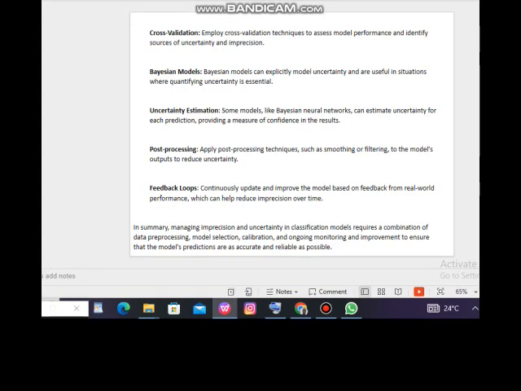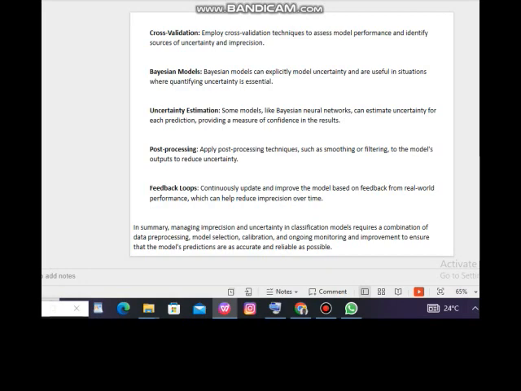Bayesian models. Bayesian models can explicitly model uncertainty and are useful in situations where quantifying uncertainty is essential. Uncertainty estimation. Some models like Bayesian neural networks can estimate uncertainty for each prediction, providing a measure of confidence in the results.